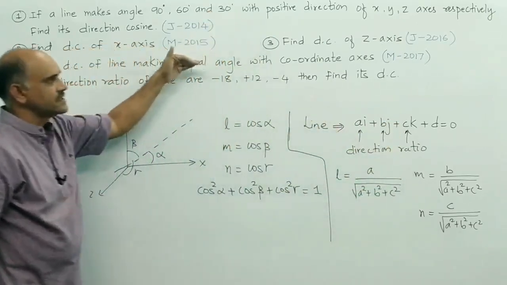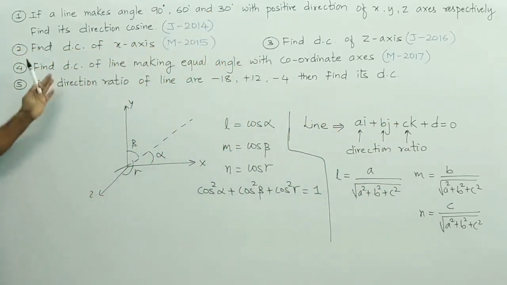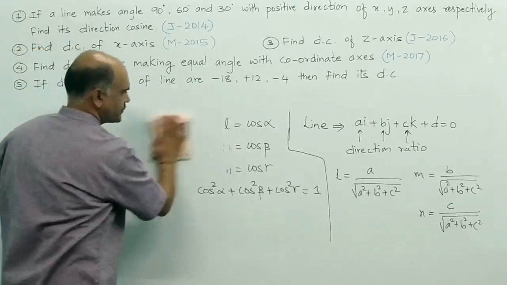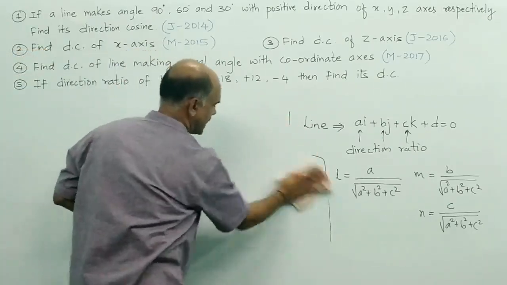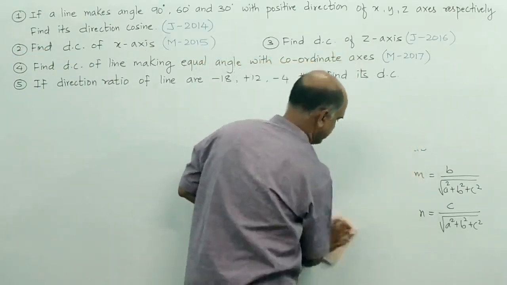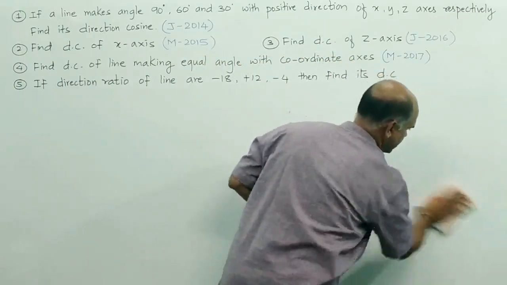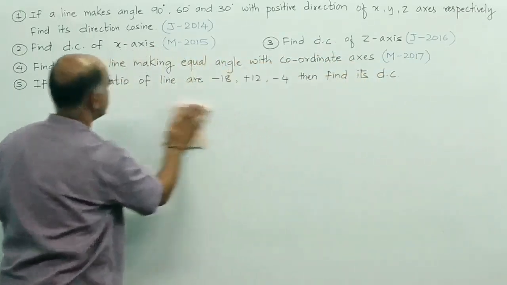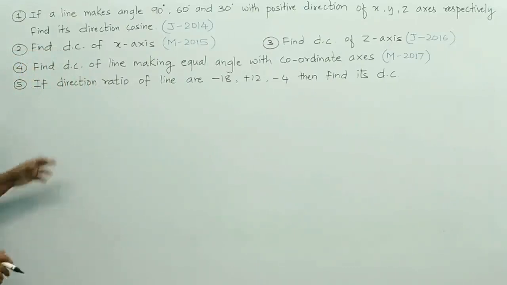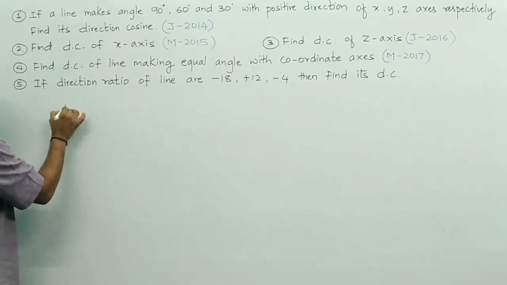So now we will see these problems which had appeared in exams for 1 mark. So first one, a line is making angles 90 degree, 60 degree and 30 degree with the positive direction of x, y and z axis. Let's take the first problem.